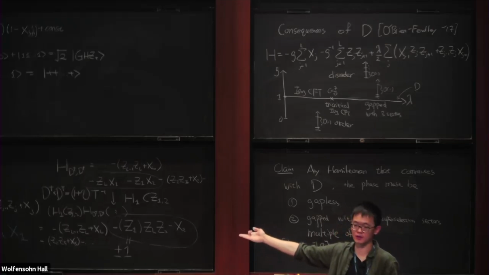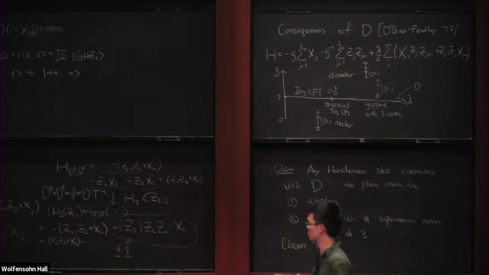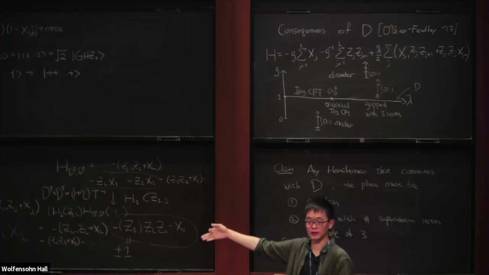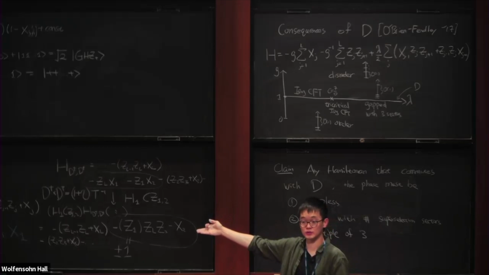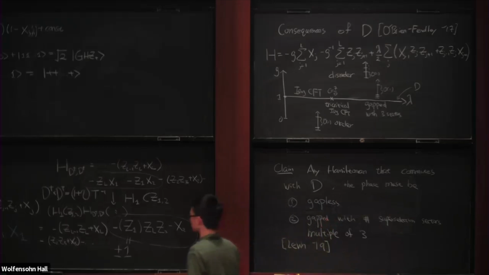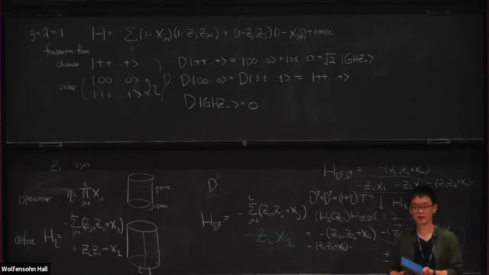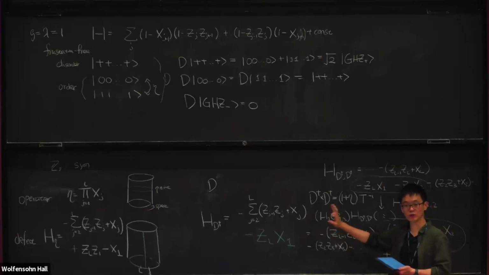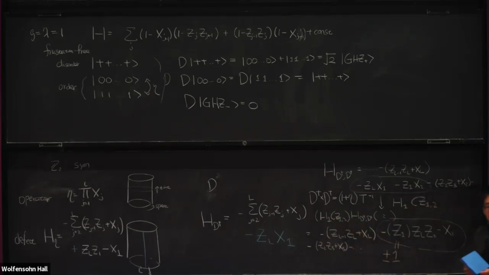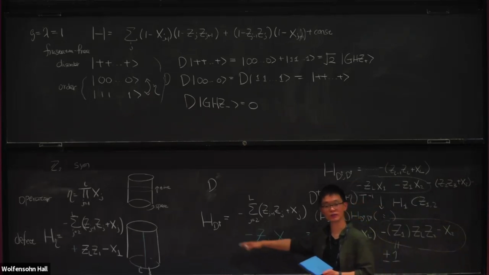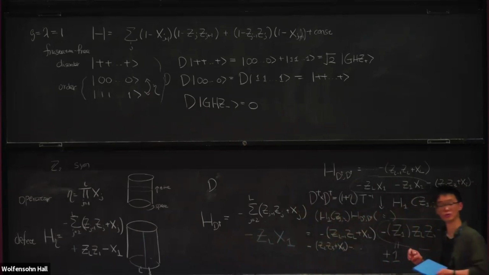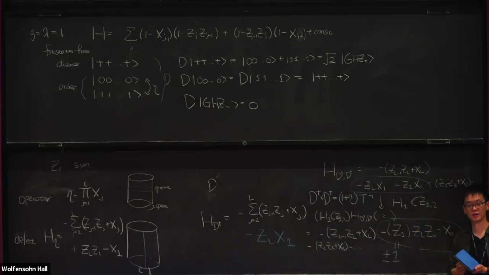I choose this particular expression just for convenience, but I can also, on top of that, do any local unitary transformation. For instance, I can even change one of the x to y. So everything should be viewed as up to local unitary equivalence. It's just that for this particular representative of the defect Hamiltonian, this is the local unitary that does the job. But there's nothing universal about it.